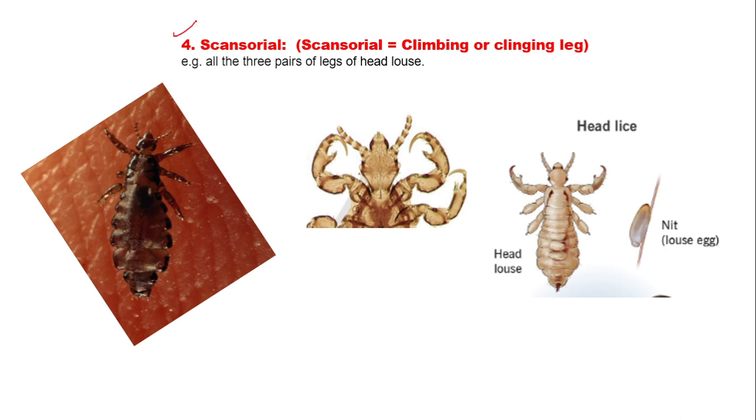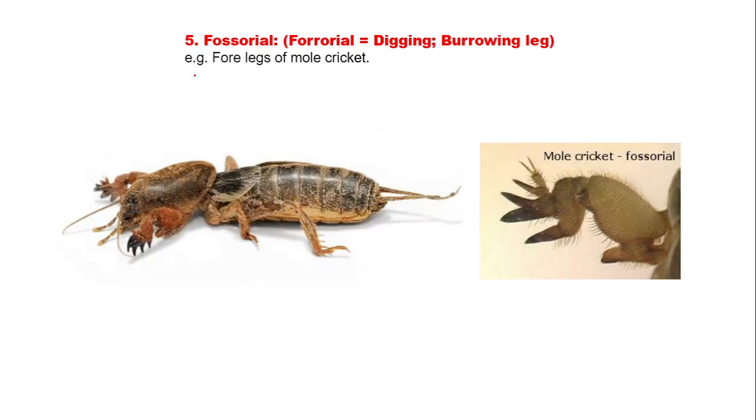Scansorial legs. These are the climbing or clinging legs. All three pairs of legs of the head louse are scansorial legs, which help the head louse in climbing or clinging to the hairs of the host. Fossorial legs.